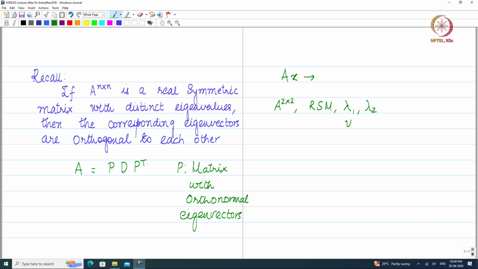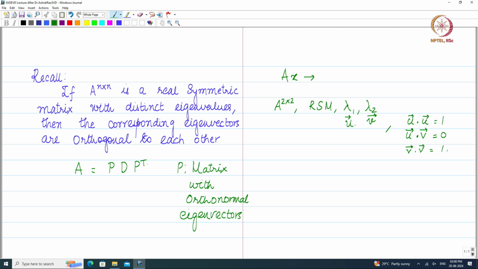Let's say the vectors u and v are the eigenvectors corresponding to lambda 1 and lambda 2 respectively. We know that u dot u was 1, since we normalized it so that the length is 1, and u dot v is 0 because of this property, and v dot v is also 1, a unit vector. So this is what we had.